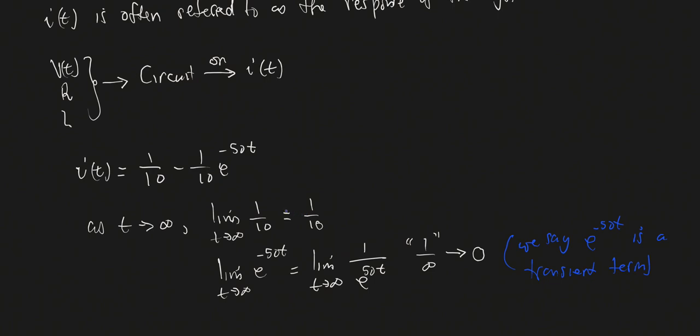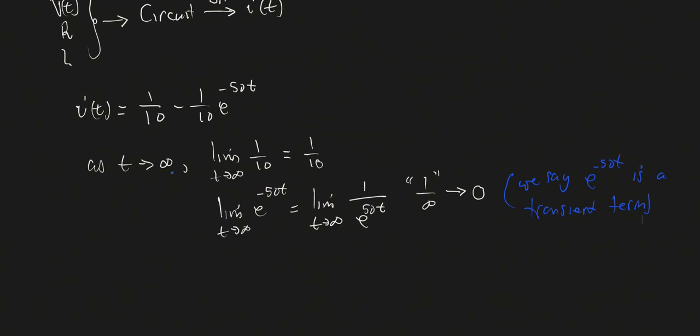So putting this all together, the limit as t approaches infinity of I of t: if I look at my entire response all together, it is going to approach, well, that should be minus, because I have a minus there, just to be consistent.